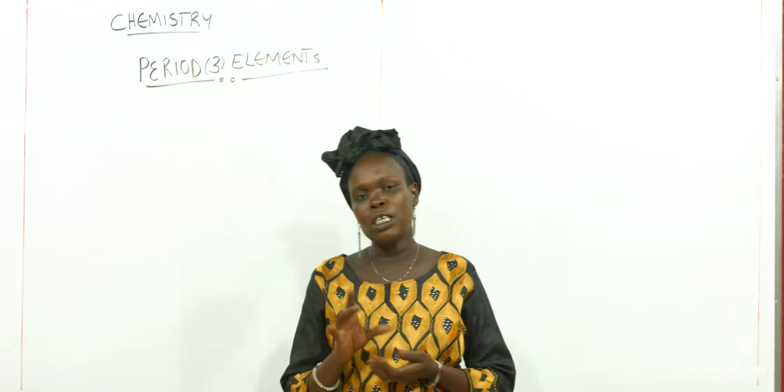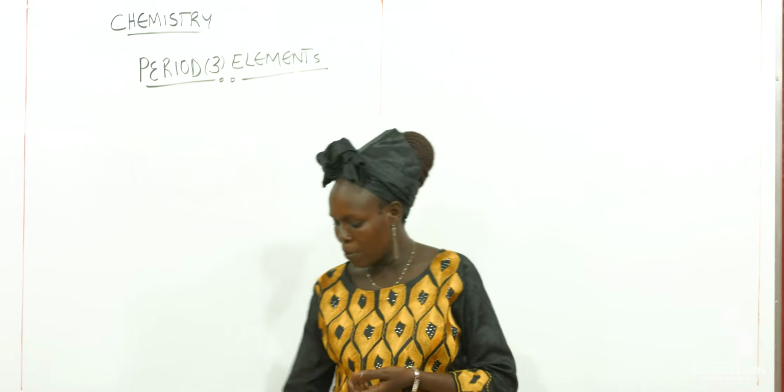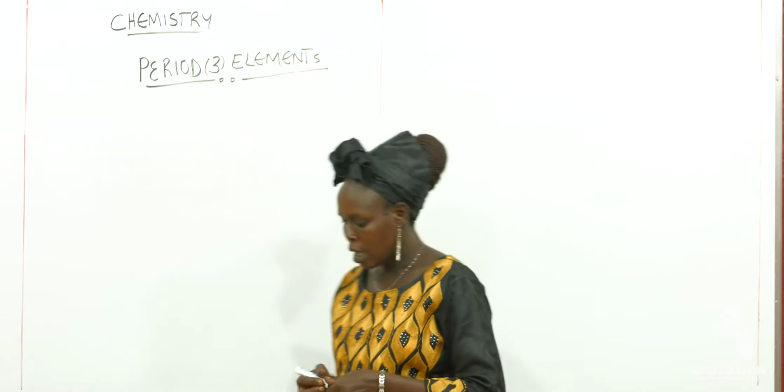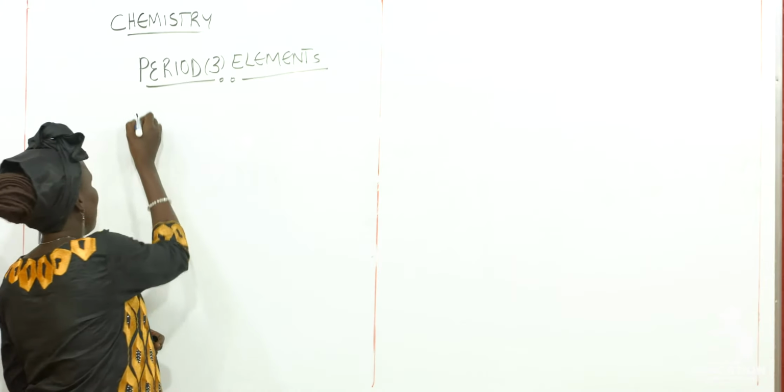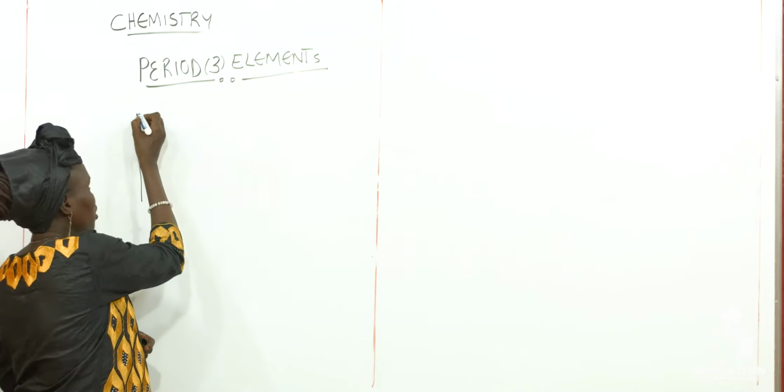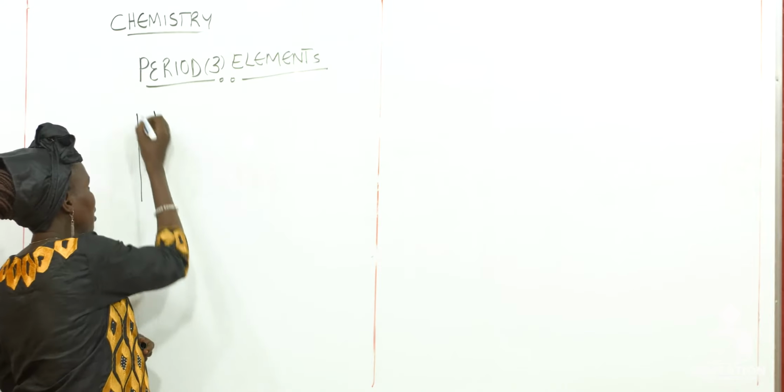So in period 3, the periodic table is arranged like this.